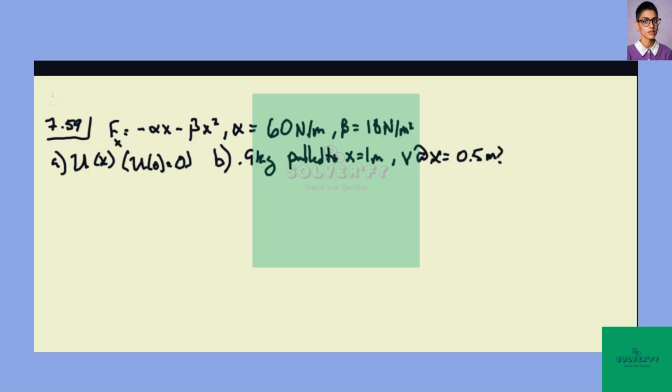So, part A. Now we know that the force in a given direction is the negative partial derivative of the potential in that direction.